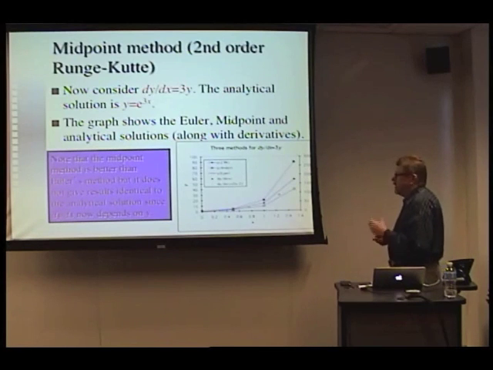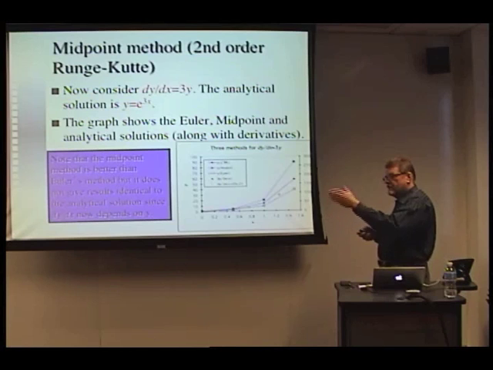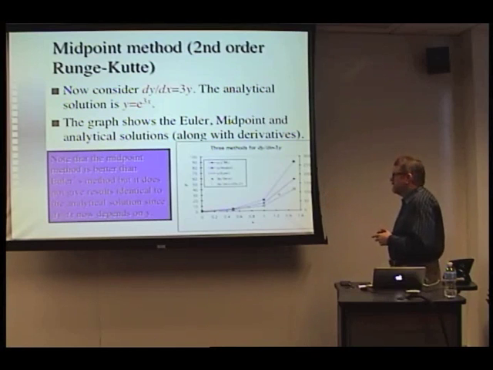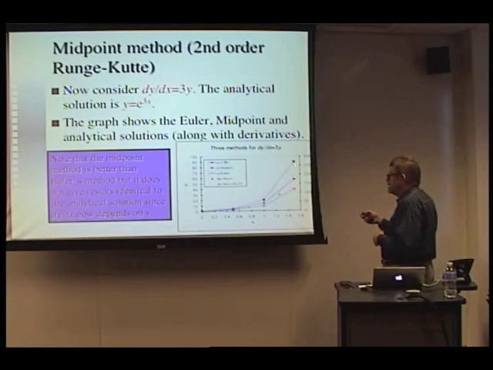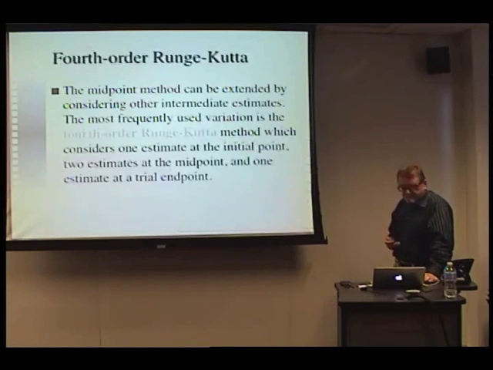Okay? So part of the idea here is that as we get a better estimate of the values at which we should evaluate the derivative, we can get closer and closer to the actual value. Okay?